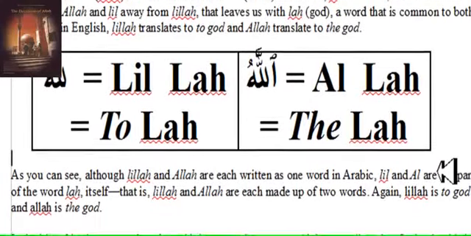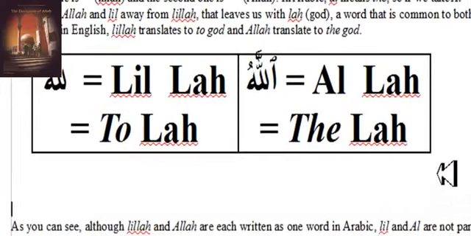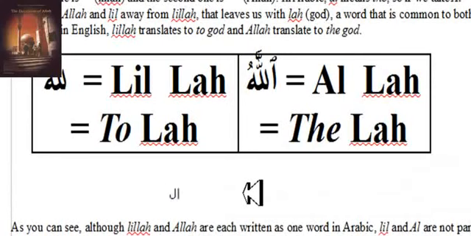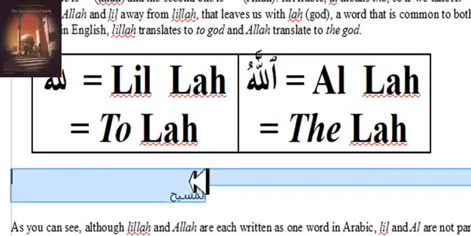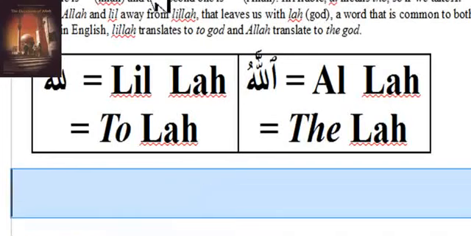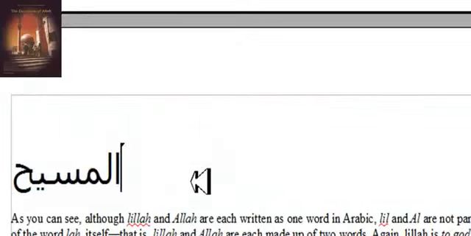The same if we go and see how we write the word Al-Masih. I'm going to do it in here, but I will not save it in the book text. Okay, we will write in Arabic. This is the word Al-Masih.